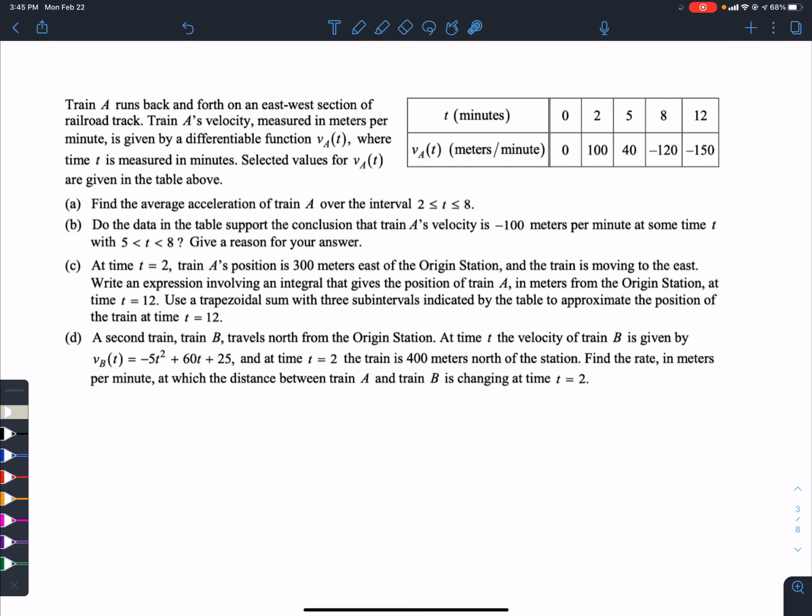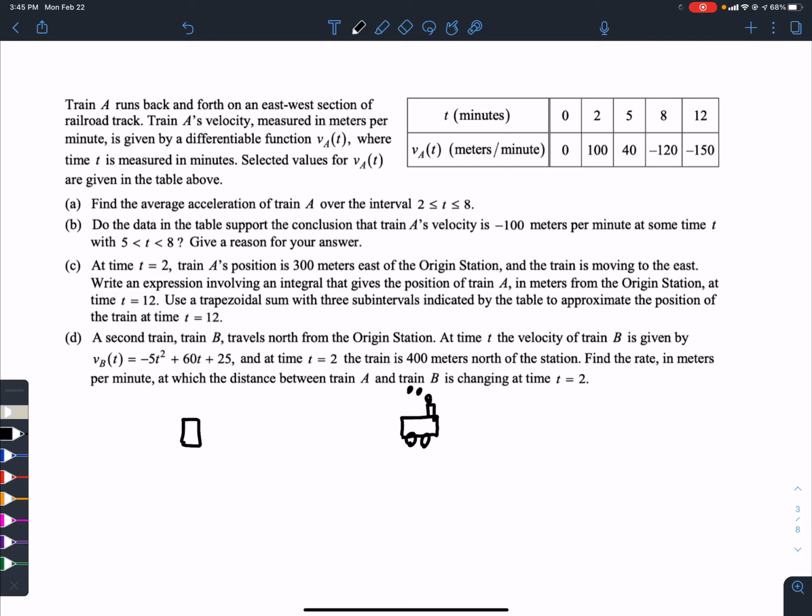And what else do we know? Let's see. In part C, train A's position is 300 meters east of the origin station. So we're going to have the train station right here, and the train's going to be 300 meters east. And the train is moving to the east. So the train's moving that way.